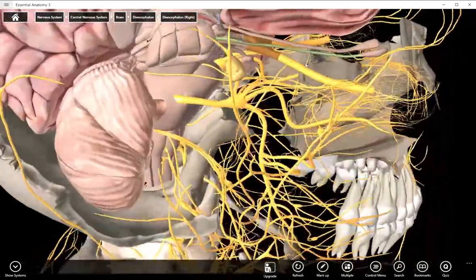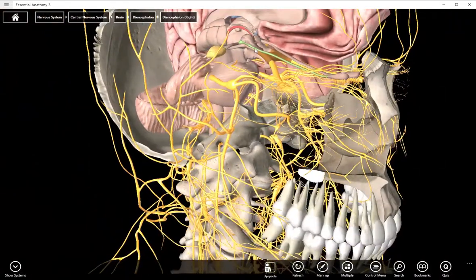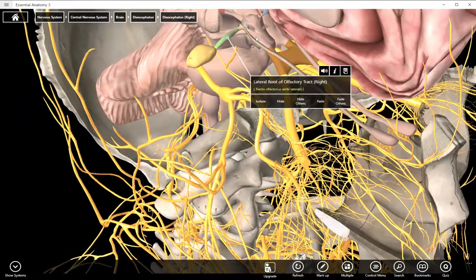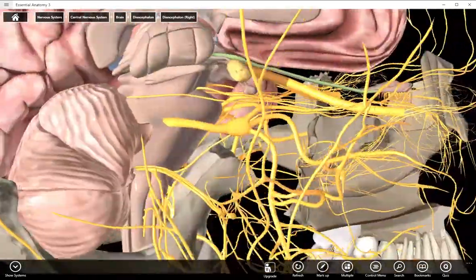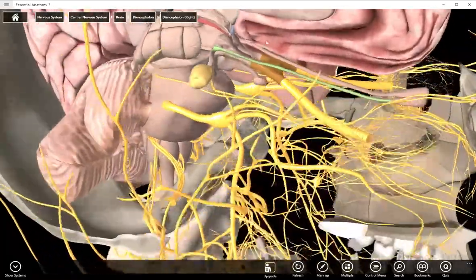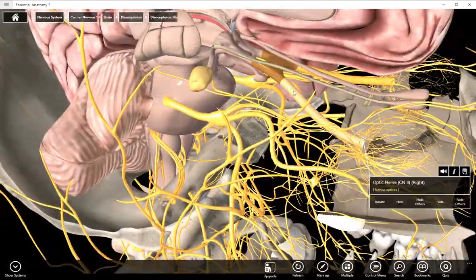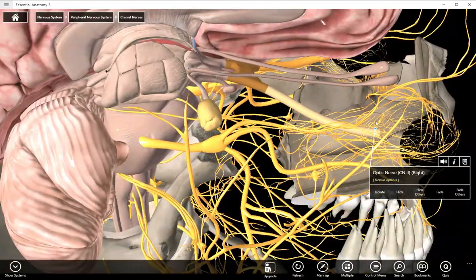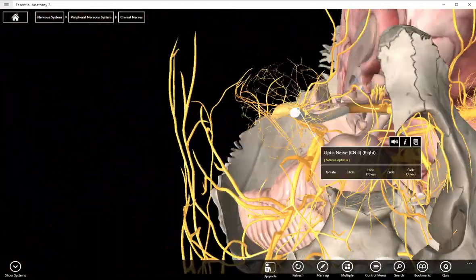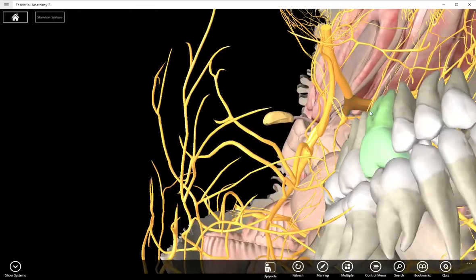The actual nerve itself right here is called the olfactory nerve or olfactory tract. So that would be cranial nerve 1. Right near it is cranial nerve 2, the optic nerve. And you have some hints here because you can see it going to the eyes. Also, this structure right here is called the optic chiasm.